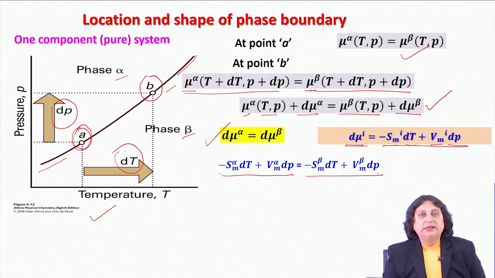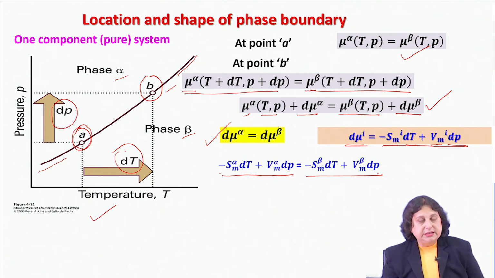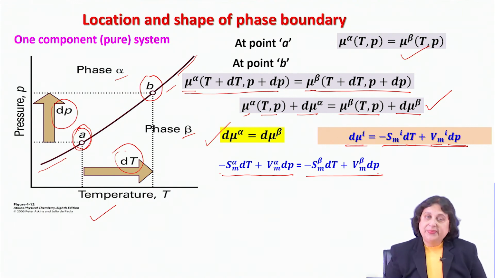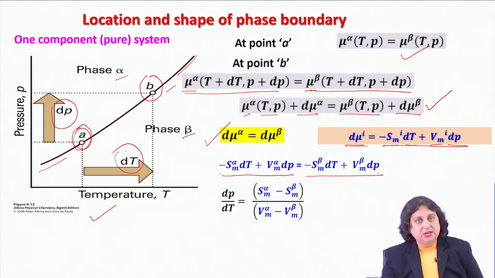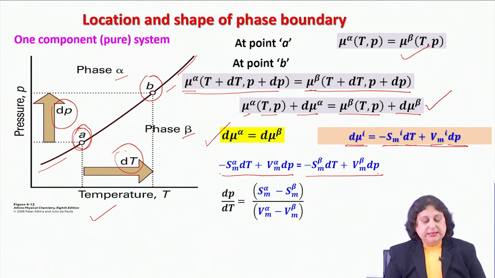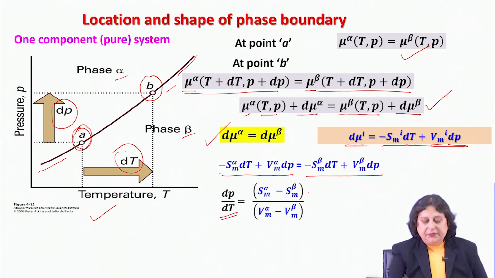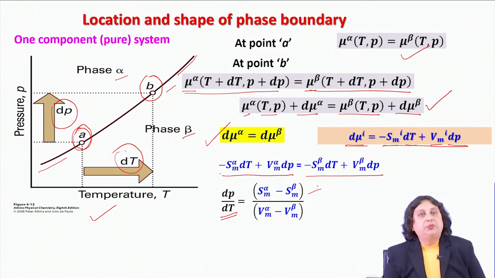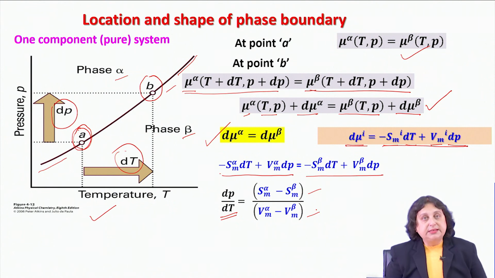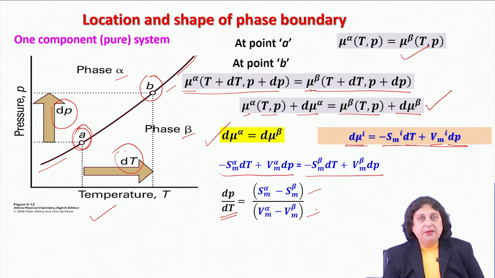Now I am going to collect the terms dependent on dT on one side of the equation and the terms dependent on dP on the other side, do a little bit of algebra, and this is what I get. dP/dT is equal to the difference in the molar entropies between the two phases alpha and beta divided by the difference in the molar volumes of the two phases alpha and beta.